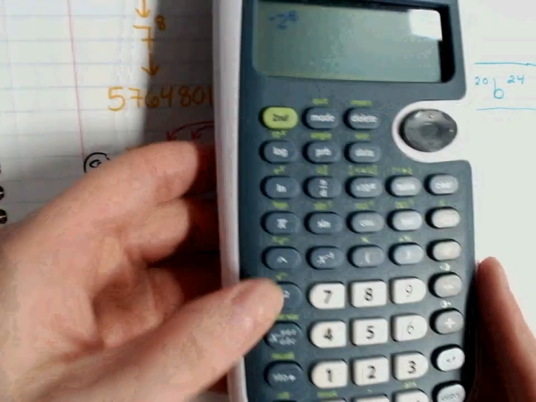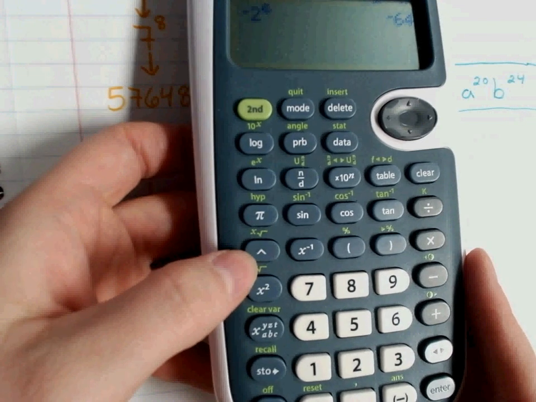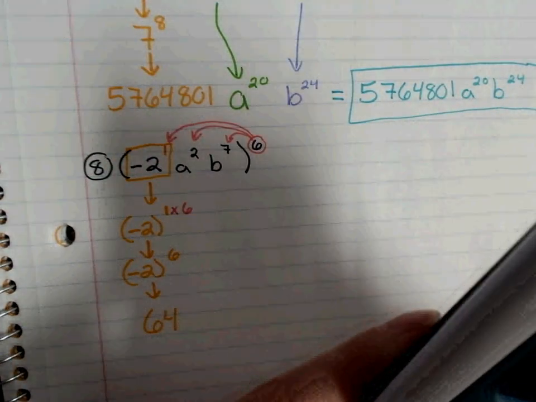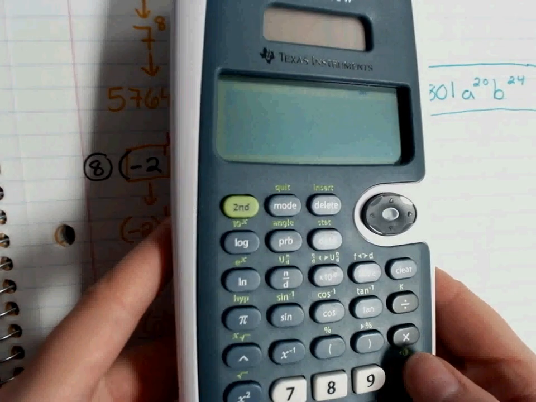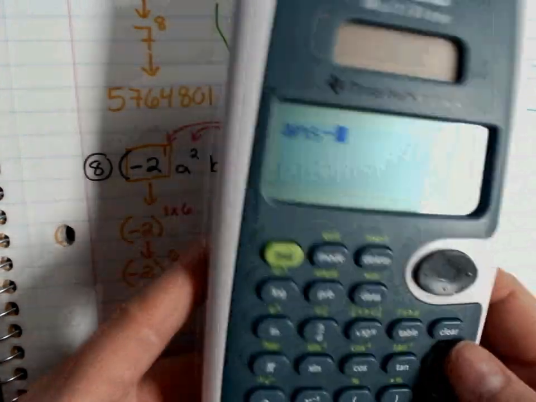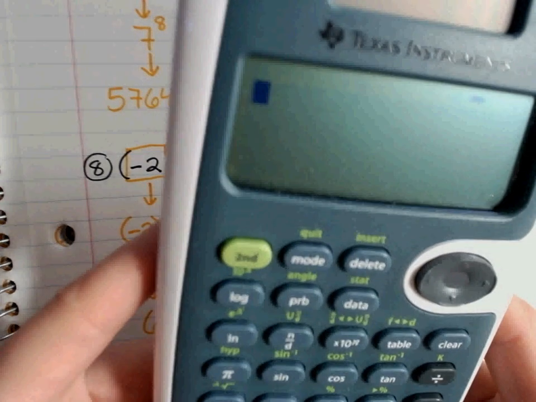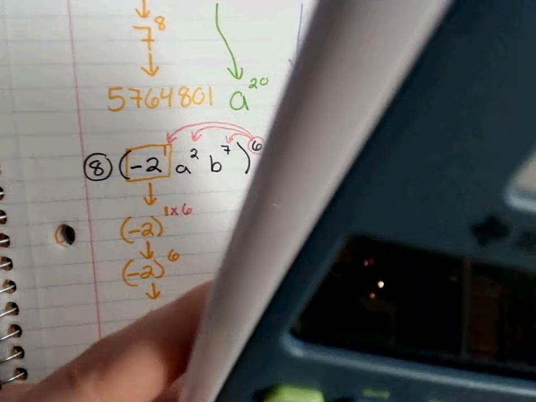How do I do the negative? The negative sign's down here at the bottom. The exponent is that little arrow. No, the subtraction sign is going to give you something different. That's why you put the parentheses.